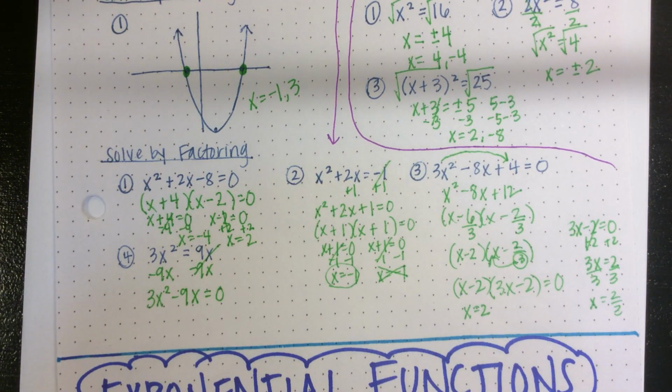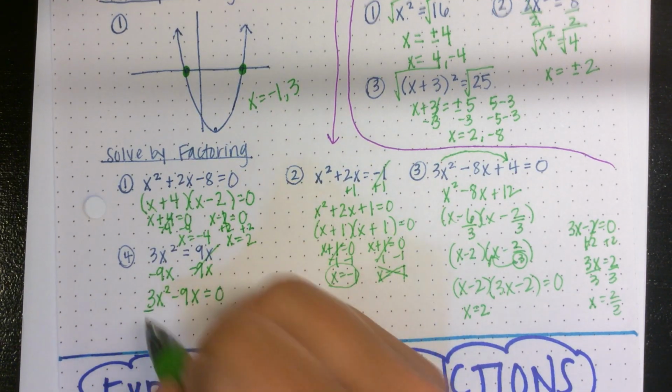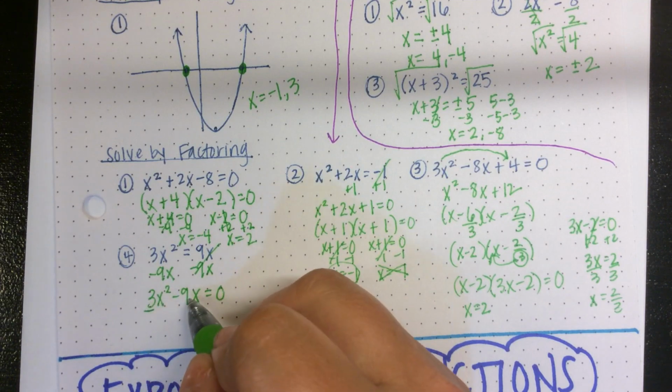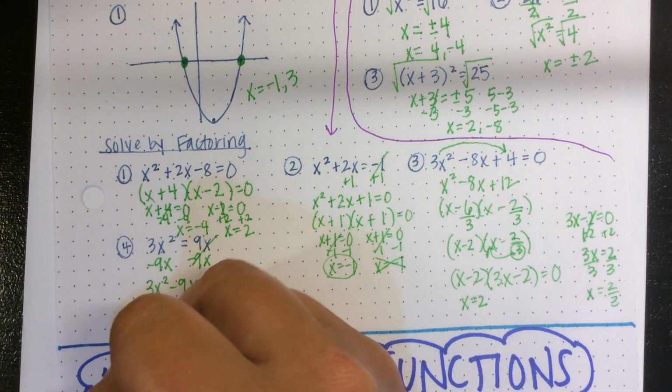All right. Now, I can't solve by square roots because I have an x squared and an x term in there, so it's not like the ones up here. But I can still solve by factoring. Always, always, always look for a GCF first. So that means I'm going to start with my 3. 3 goes into itself and 9, so I'm going to take out a 3.